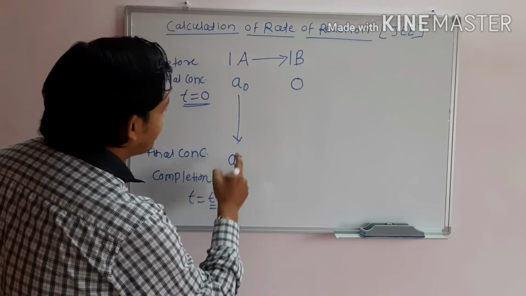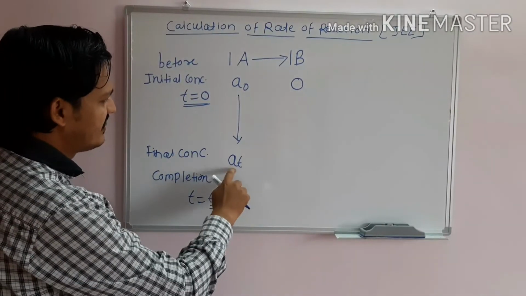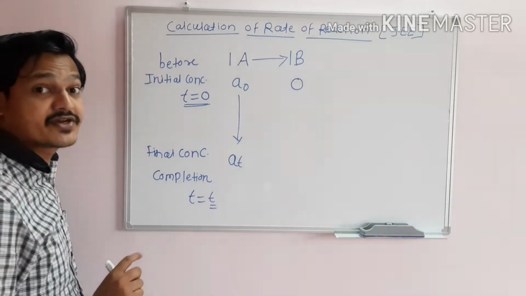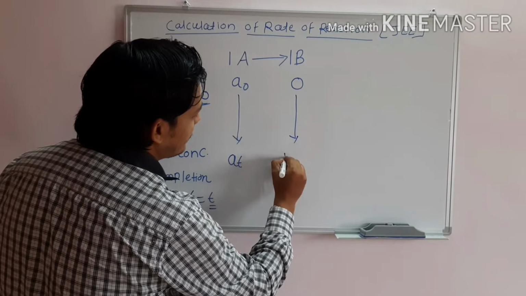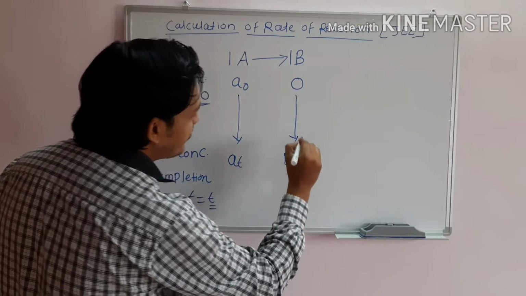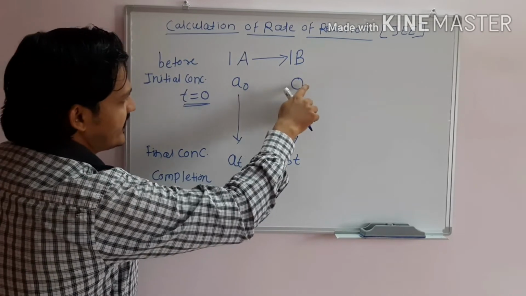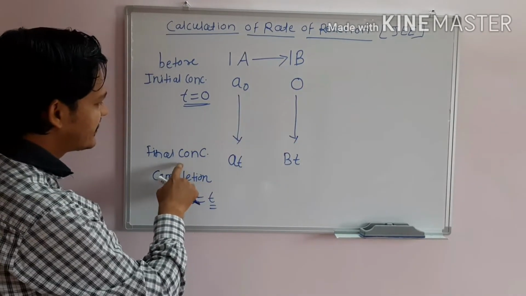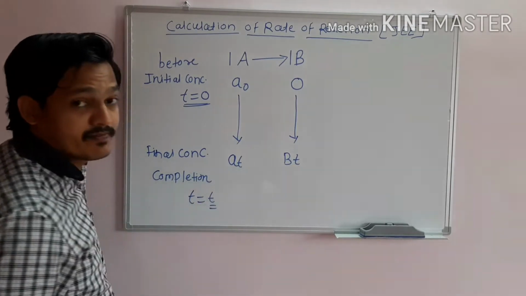I am just taking a random symbol, A0, AT. So what is the value of final concentration of product? It is BT. Initial concentration A0, here it is 0. Then final concentration at time T, it is AT, and BT.